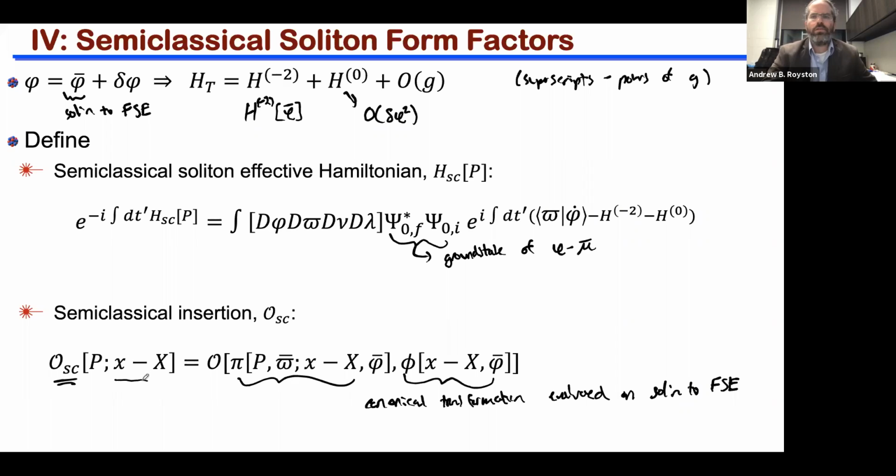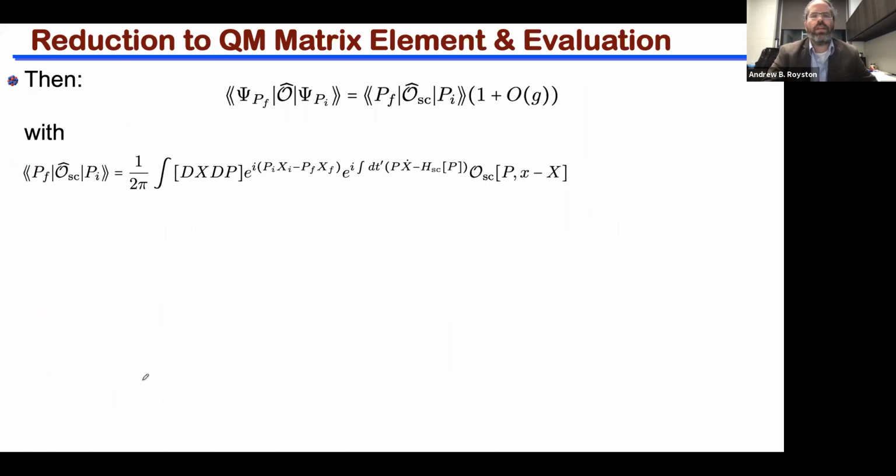So in terms of these two quantities, we can write down the leading semiclassical behavior of the form factor that we started with. It reduces to a form factor in the quantum mechanics of the collective coordinate, but with respect to this really non-trivial effective Hamiltonian, which comes about by plugging in the solution to the forced soliton equation. But this is what we have now.